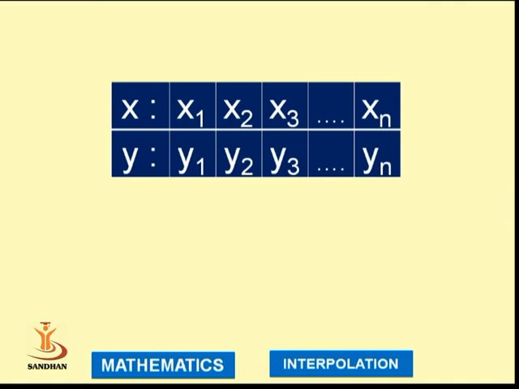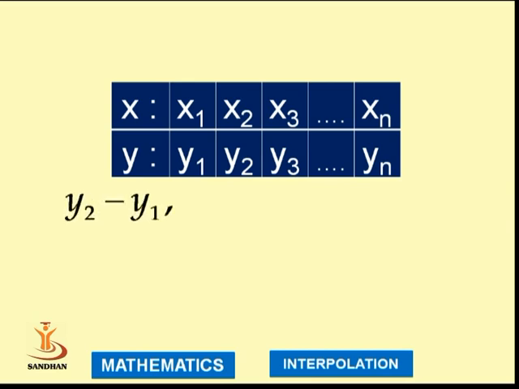Let us assume we have the values x1 to xn given to us for the independent variable x and the corresponding values y1 to yn for the dependent variable y, where y is represented as a value of f of x. Now, given this particular table, we know that x1, x2, x3 and xn are the values of the independent variable x, whereas y1, y2, y3, yn are the values of the function f of x when x takes upon the values x1, x2, x3, xn respectively.